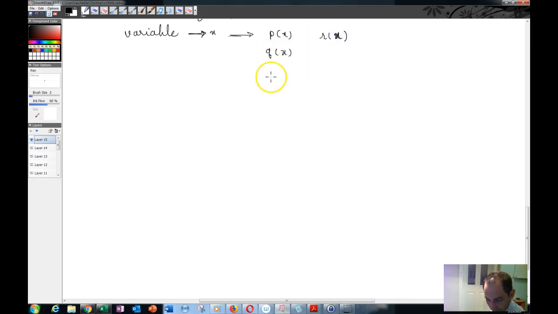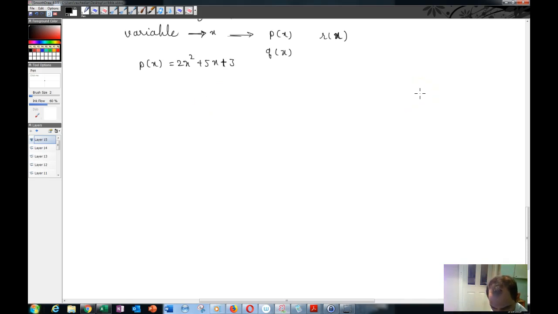So for example, you could write p of x is equal to 2x squared plus 5x plus 3, and that's a polynomial in variable x.